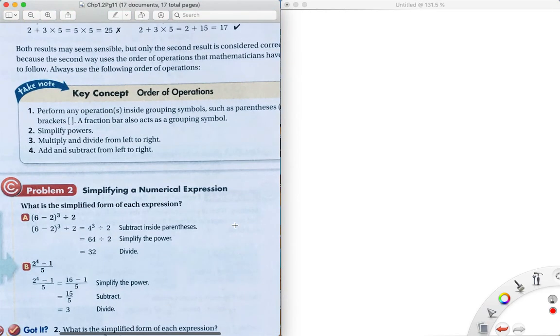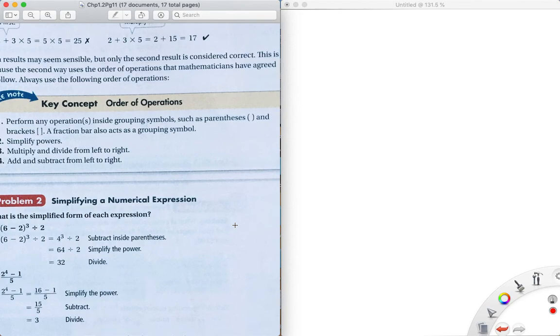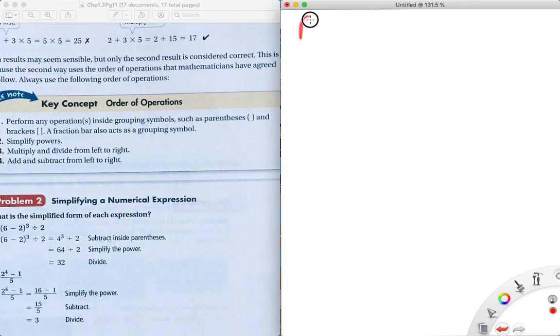PEMDAS or GEMDAS. Please excuse my dear Aunt Sally. When we do these, sometimes people call it GEMDAS, G for groupings. The P is for parentheses.